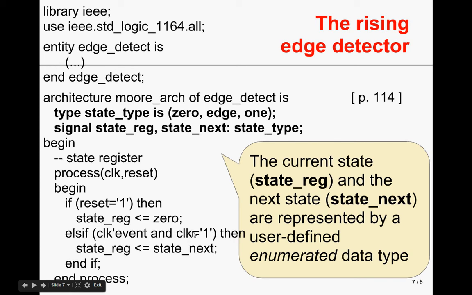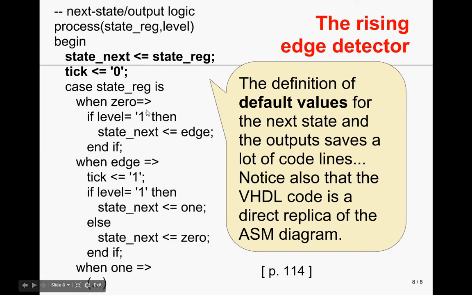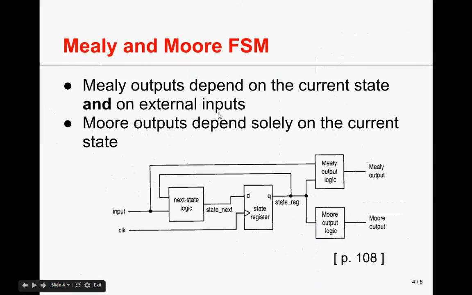Otherwise, if there has been a rising edge in the clock, then state reg takes the value of state next. And what is left to define is the next state and output logic, which are these blocks here.